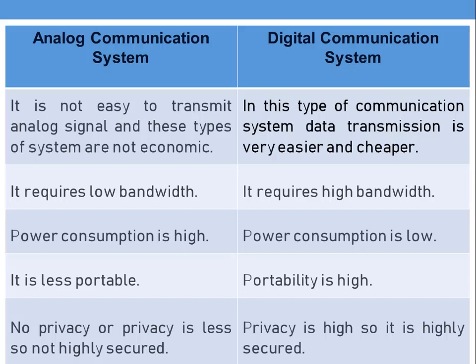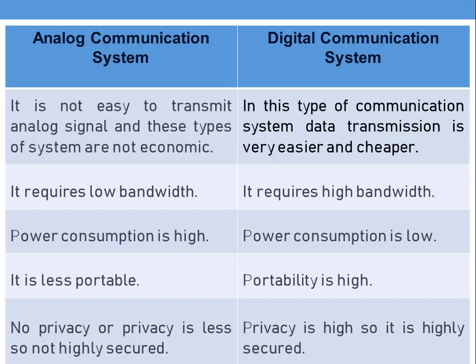Power consumption in analog communication system is very high, and in digital communication system, power consumption is very low compared to analog communication system. Analog communication systems are less portable, but digital communication systems are more portable.